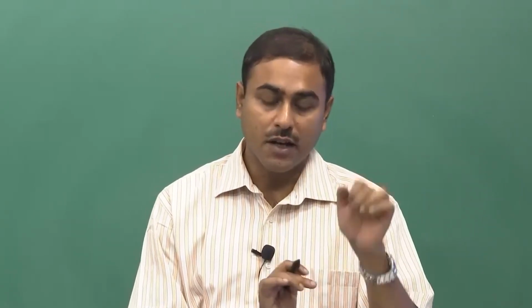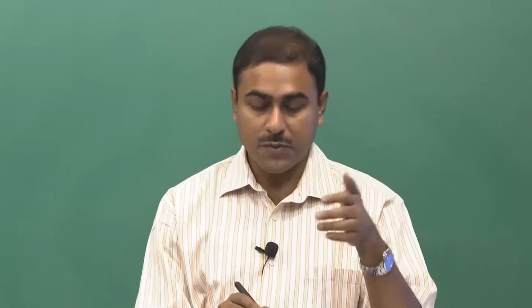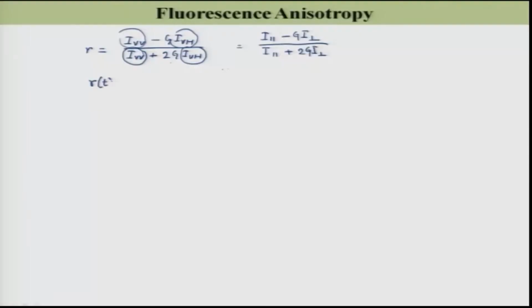So, if I want to measure the time dependency, and I change to the CW mode, now I want to again come back to the time dependency, right. This equation, r equals I parallel minus G I perpendicular, I can simply write as a function of time. So, r will be a function of time, I parallel will be a function of time, minus G, which is not a function of time.